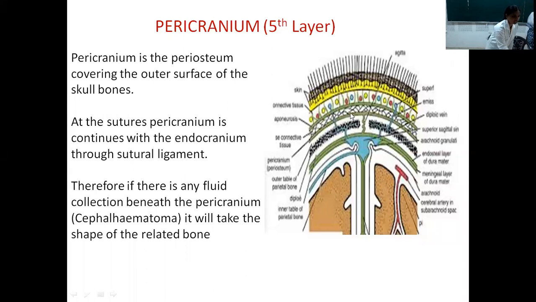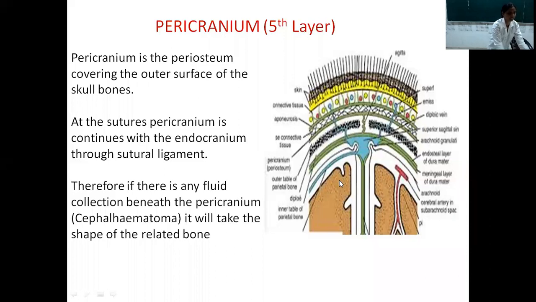Here you see, this green layer is the periosteum covering the outer aspect. And between the two bones, here these are the two parietal bones, most of these skull bones are interconnected by means of a joint. What is that? Sutural joint. At this joint, the pericranium is continuous as a sutural ligament and further continuous as the endocranium.